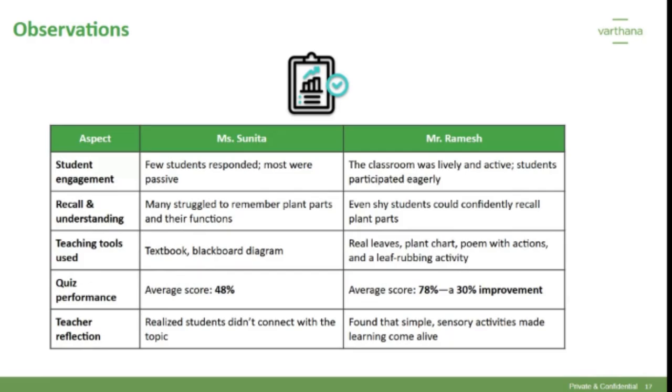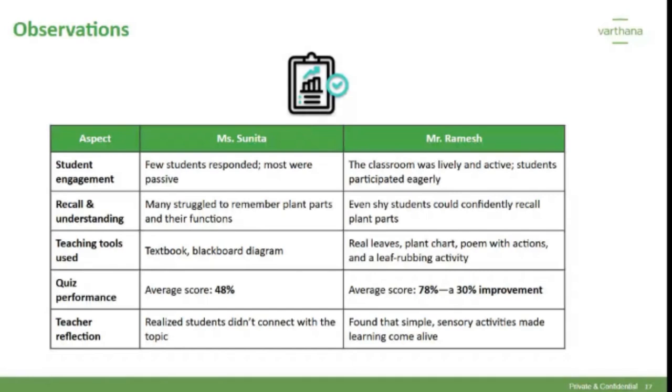Okay, so moving forward, based upon our observations, Mr. Ramesh's classroom was really effective in comparison to Miss Sunita's. How? Because what he included in his classroom was activities, real leaves, a plant chart, a poem with actions, and other things.